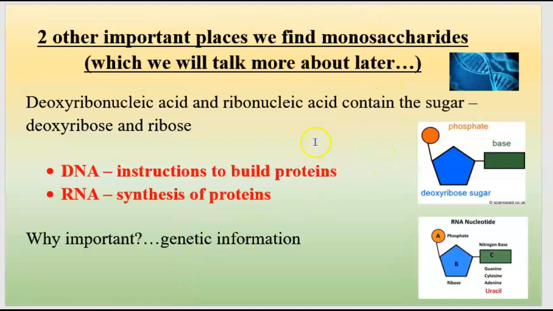There are 2 other important places we'll find mono or single saccharides. We're going to talk about these more later in our whole separate section of this unit called nucleic acids, but DNA, I'm sure you've heard of it, and RNA, which are the genetic material in our bodies, have a sugar in their 3-dimensional molecular structure. So here's DNA and here's RNA, and I'm wondering if at this point you could pick out the part of this that is the sugar.